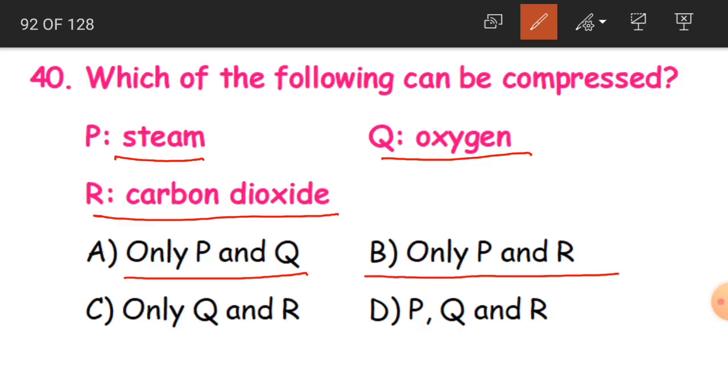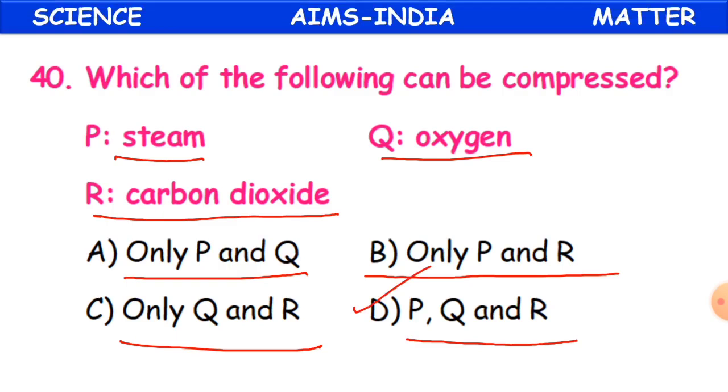B is only P and R, steam and carbon dioxide. C is only Q and R, oxygen and carbon dioxide. D is P, Q and R, steam, oxygen and carbon dioxide. The answer is D children. All three of them can be compressed.